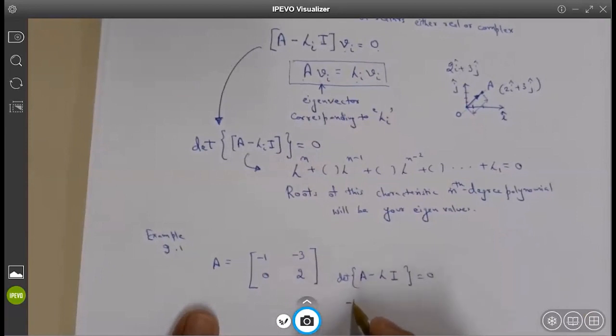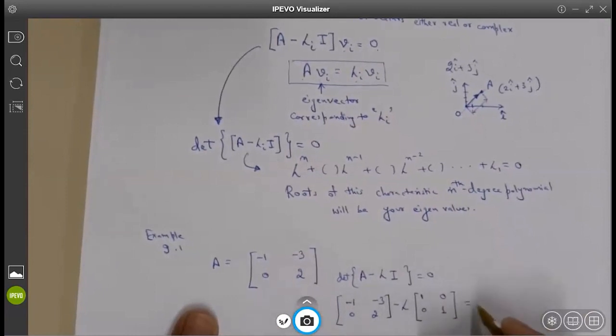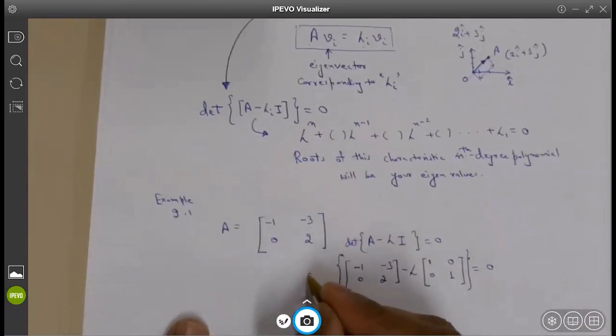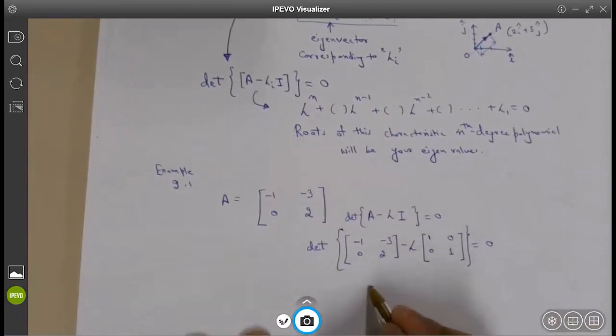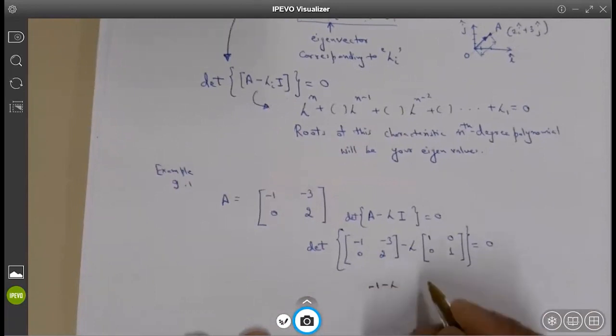So A is [-1, -3; 0, 2], minus lambda, where I is an identity matrix of the same order as the size of A. And you are making the determinant of that equal 0. So it will be [-1 minus lambda, -3; 0, 2 minus lambda].